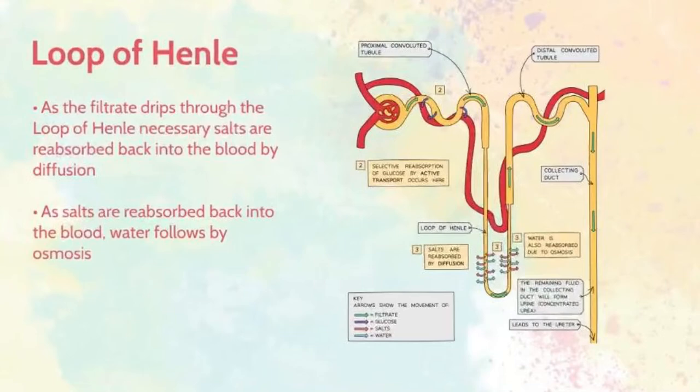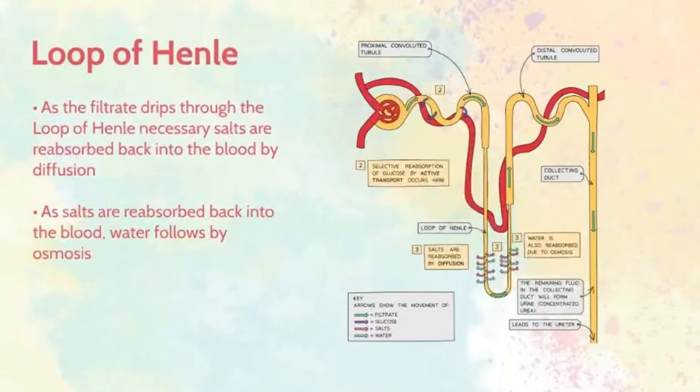And this is really important because when you think about what is going on, we are concentrating all of our waste products. And the further into this structure of the nephron we go, the solutes and waste products are becoming more and more concentrated. And what that means is that ultimately the water potential will flip and water will want to come back into the nephron down its water potential.